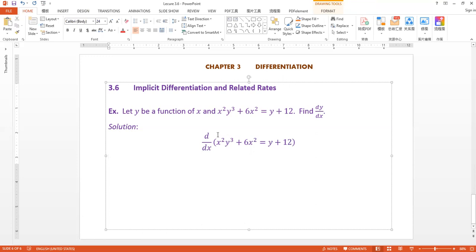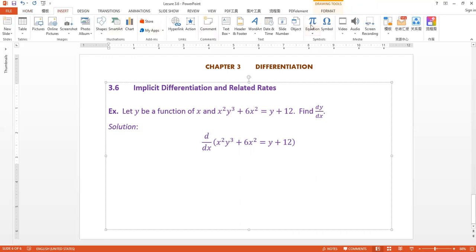In the first term on the left, we have x squared y cubed. This is the product of two functions, the function x squared and the function y cubed, so we have to use the product rule. I'm going to write it down step by step.